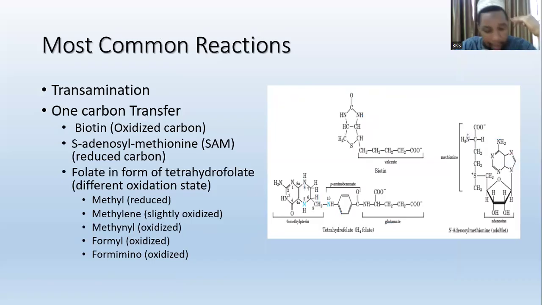Also, like we talked about some reactions in amino acid metabolism in the previous classes, this class will also talk about some reactions that are very important for what we'll be discussing. One of them is the transamination reaction, which we already talked about.